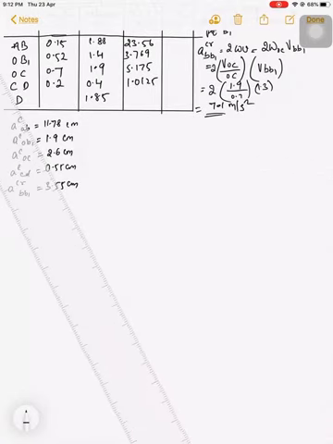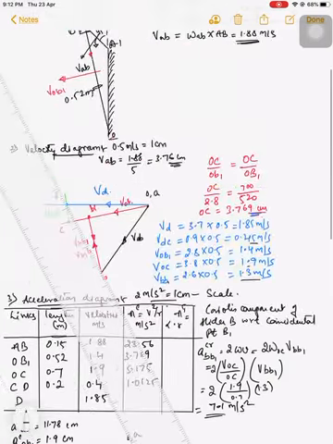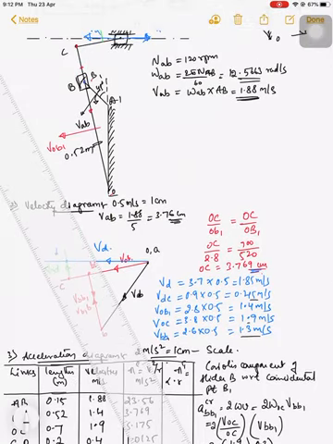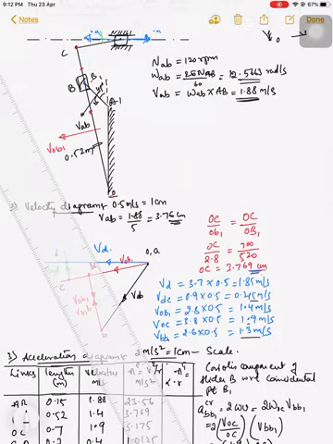Using these values, I am going to construct the acceleration diagram. Again we consider point O comma A. The very first thing is to consider link AB. As I have told you, the centripetal acceleration always acts towards the center of rotation.